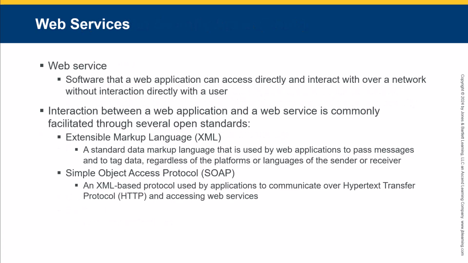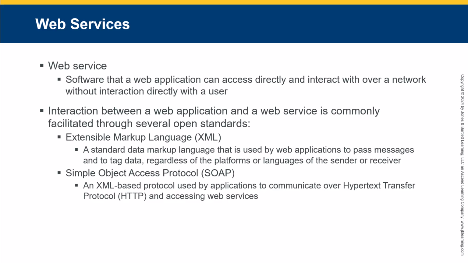Web services are the software that a web app can access directly and interact with over a network without any interaction directly with a user. Interaction between a web app and a web service is commonly facilitated through several open standards. XML or SOAP are two of the main ones.